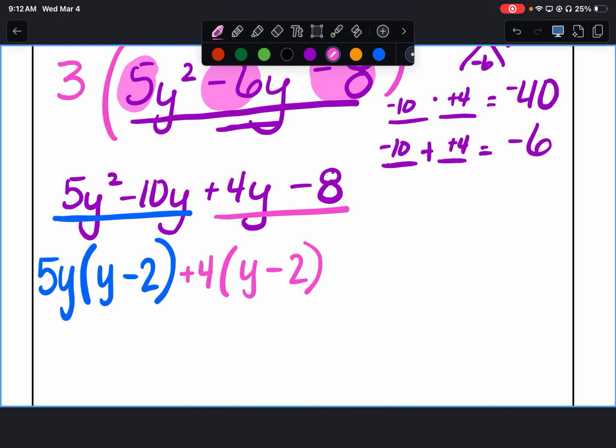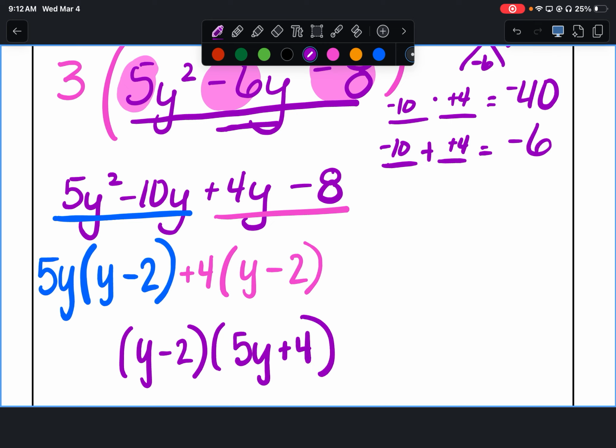So what part is the same? And what part's left over? Okay, and then since this had a GCF, where does that go? In the very front. So it's 3 times y minus 2 times 5y plus 4.